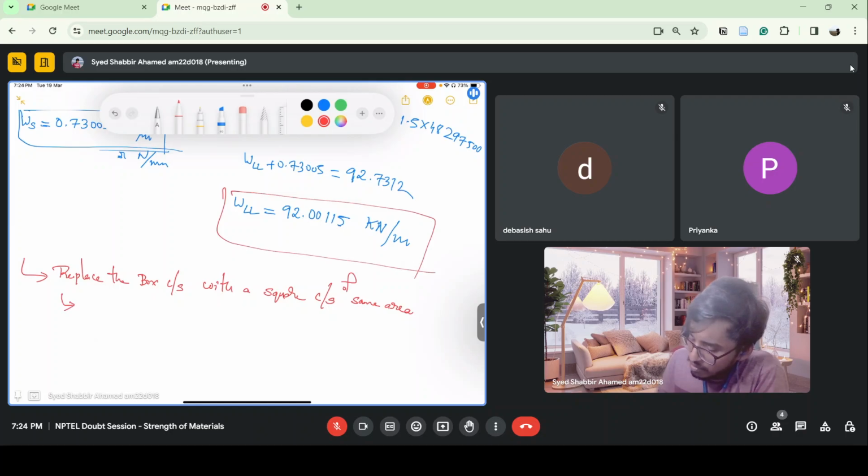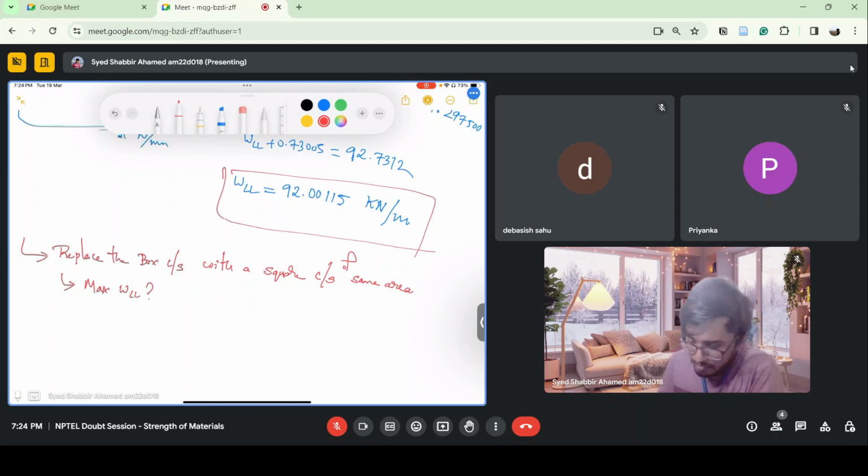What will be the maximum live load which can be applied?